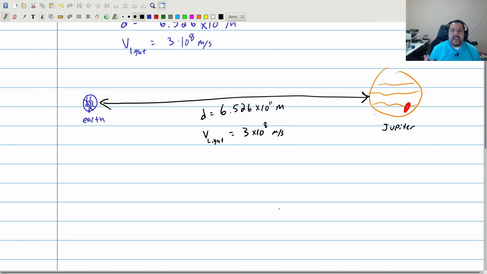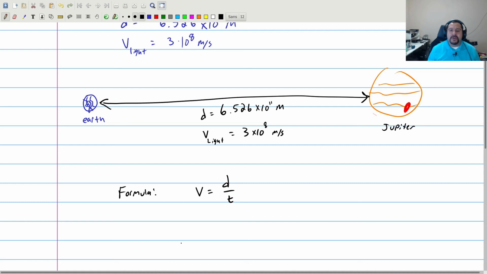Diagram and identify my variables. Second step is going to be to pick a formula. So the formula is going to be this one. V equals d over t. Again, I'm using speeds, not displacement or velocity, because we don't really care about the direction here.